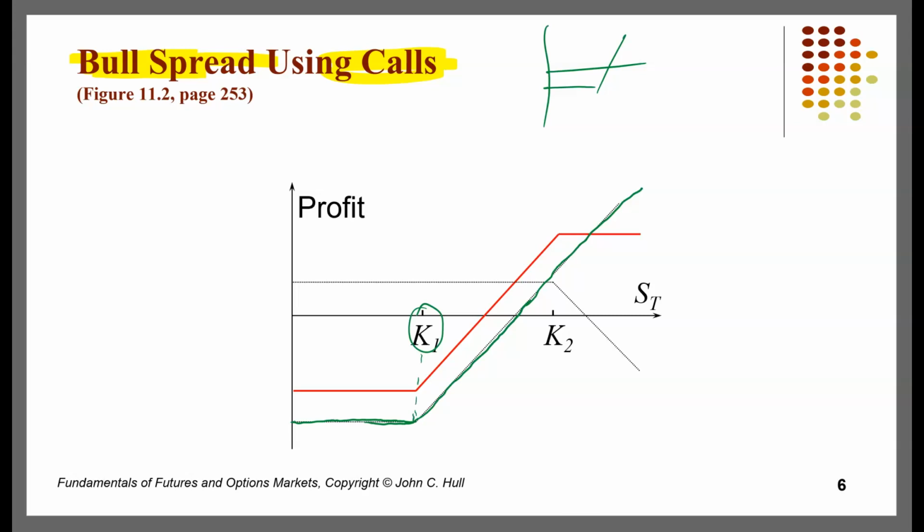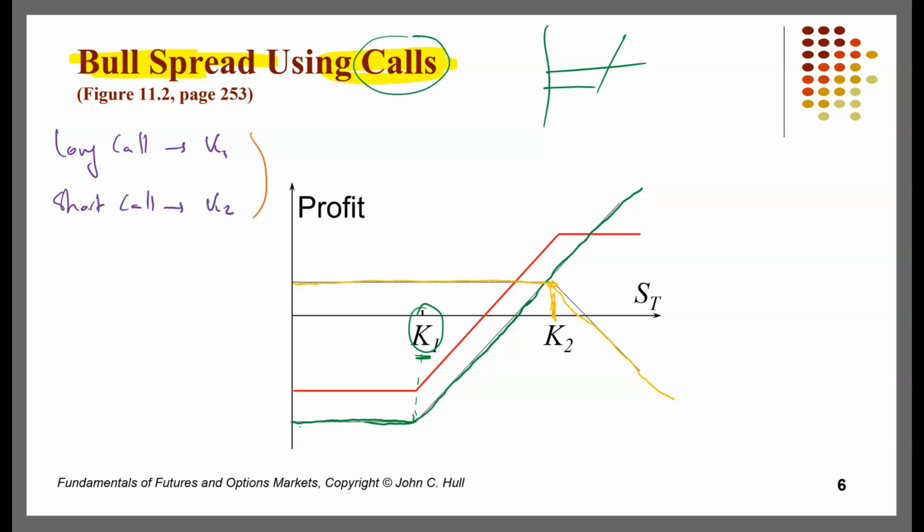At the same time, remember we're using two call options, long one and short the second one. Our long call has a strike price K1, and our short call is going to have a different strike price, K2.